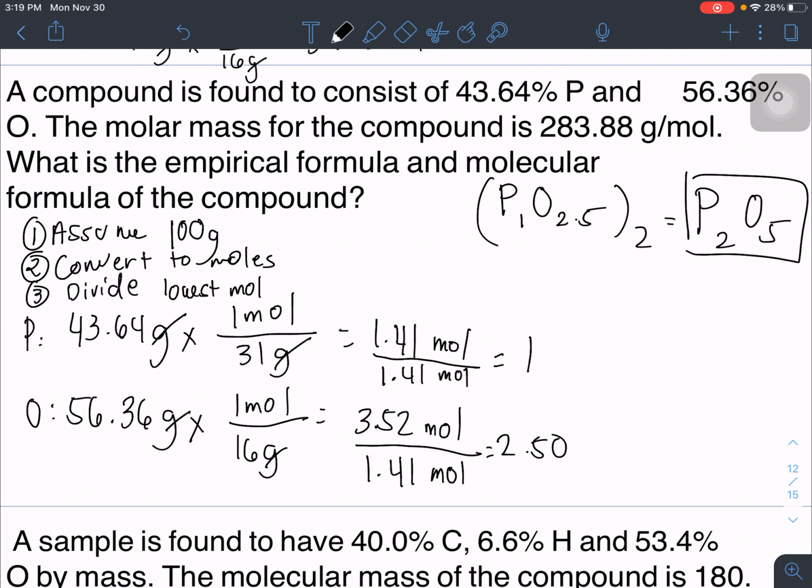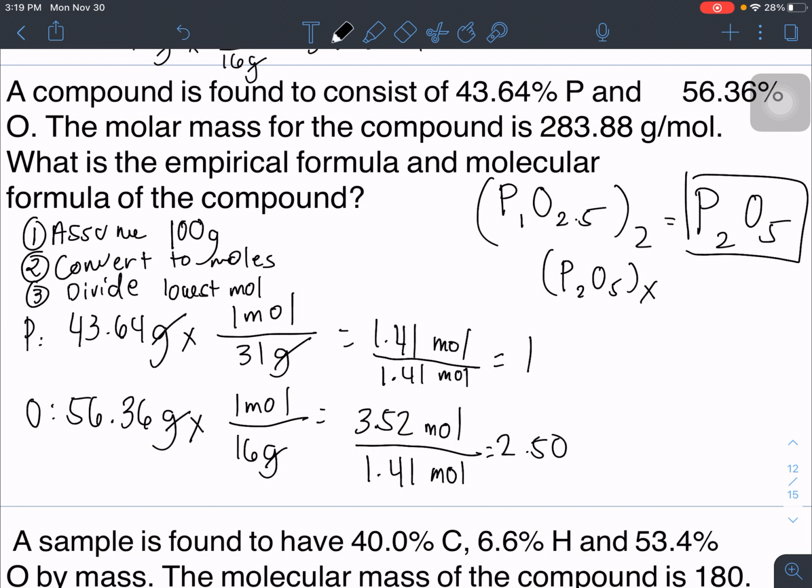Okay, so we could also find out the molecular formula if we are given the molar mass of this compound. The molar mass is 283.88 grams per mole. Okay, so this would be an easy step. So we should multiply the subscript of P2O5 with a certain number, wherein the certain number is the ratio of the empirical mass and the molar mass.